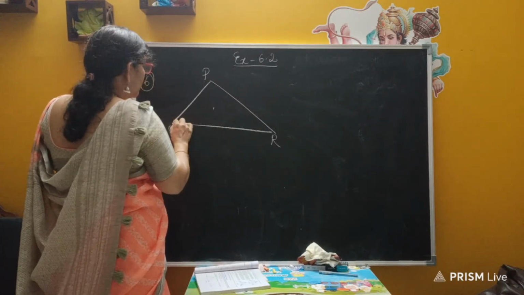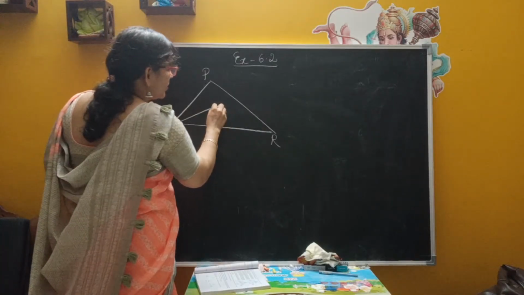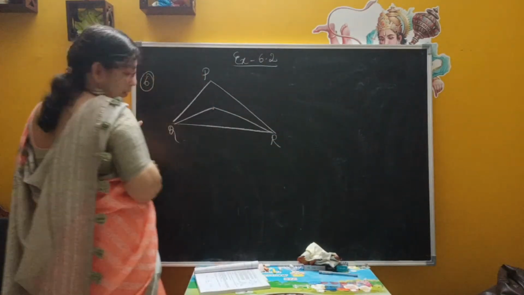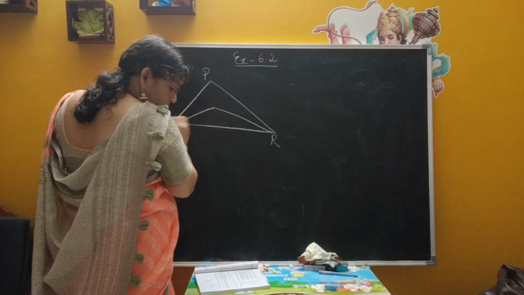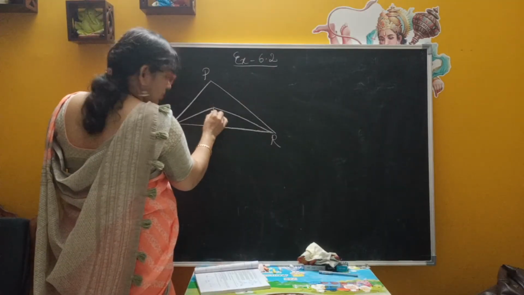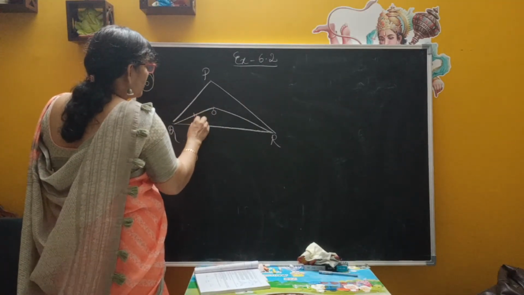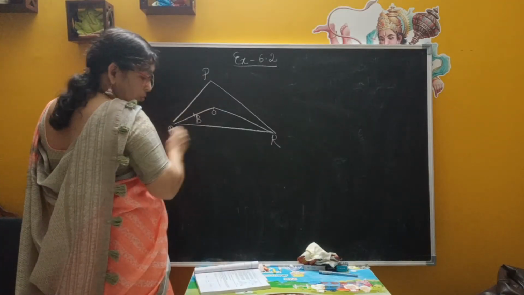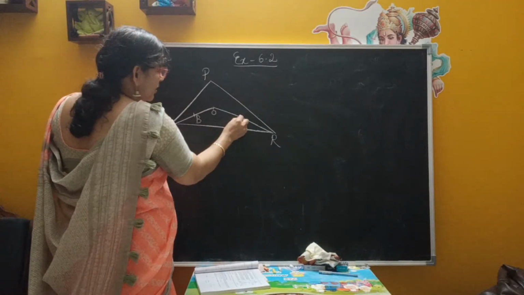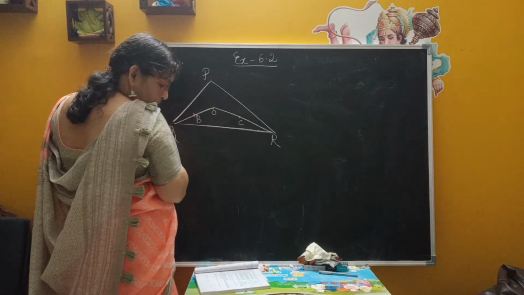There is a point, this point is O. Then B is on OQ, and point C is on OR.